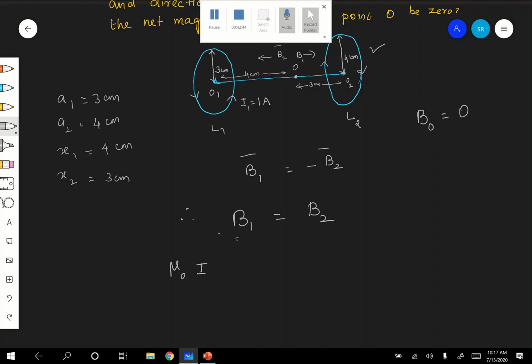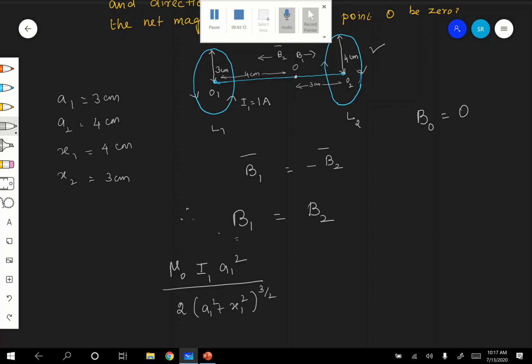Hope you're following. Therefore, mu naught I1 A1 squared divided by 2 into (A squared plus X squared), therefore (A1 squared plus X1 squared) the whole power 3 by 2.